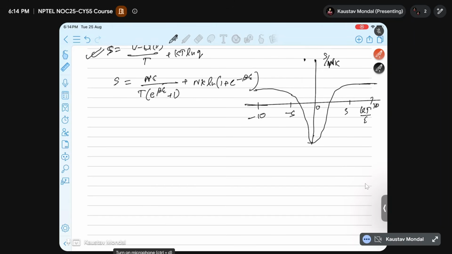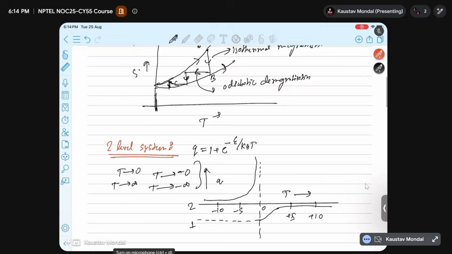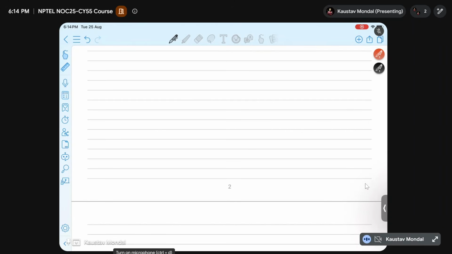And entropy, here it's 1, here it's 0.5. So like this. Unlike the previous cases, here you can see the entropy is continuous. There is no discontinuity at 0 Kelvin. So this is the behavior of three different thermodynamic properties for the case of a two-level system.